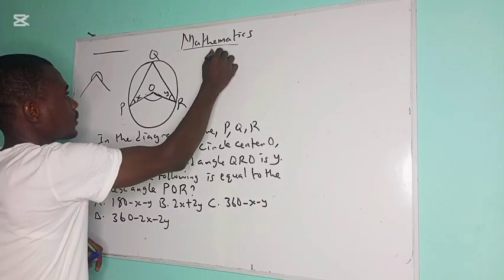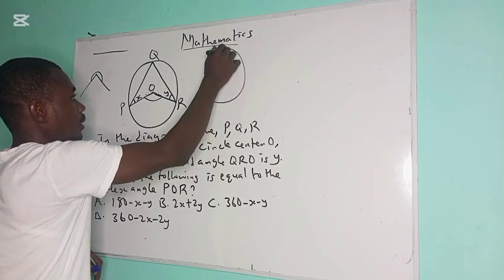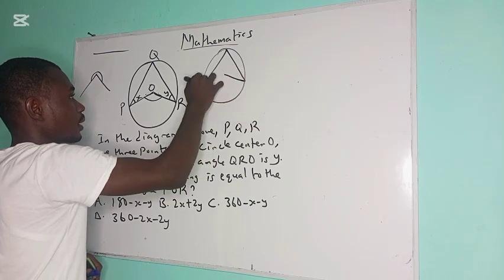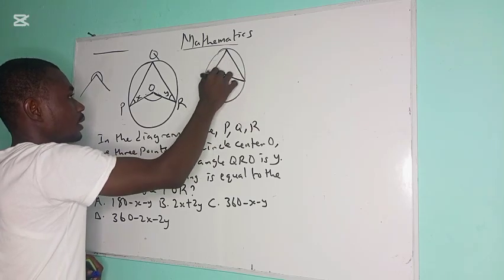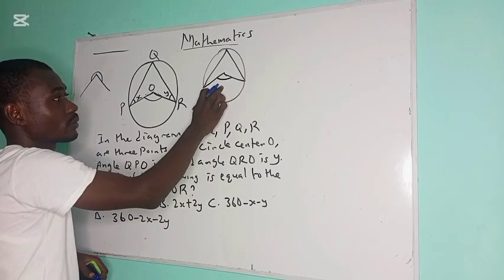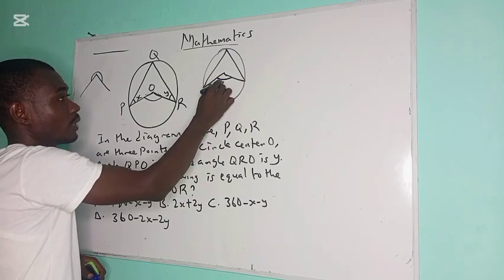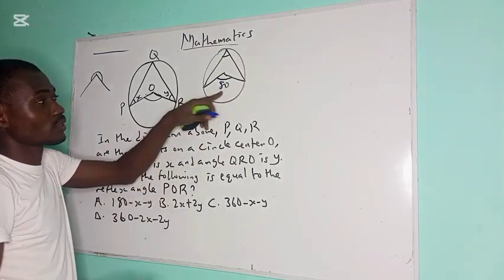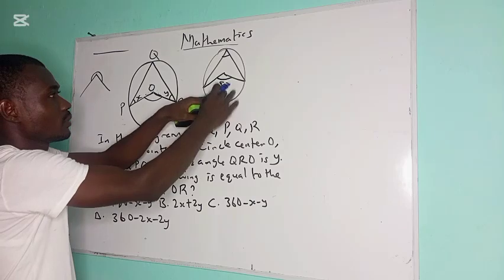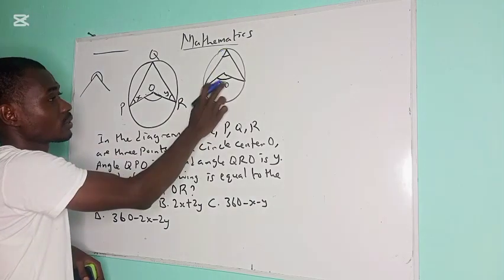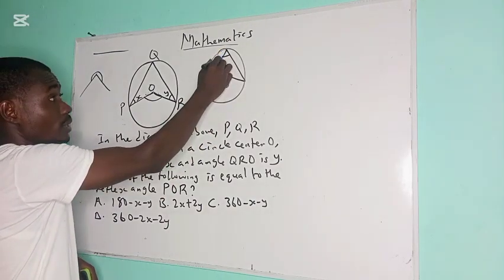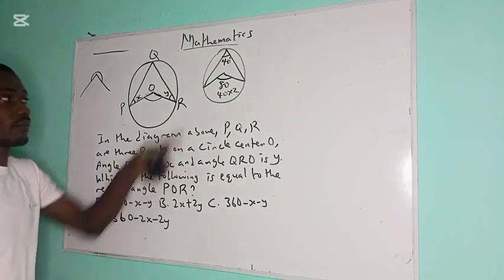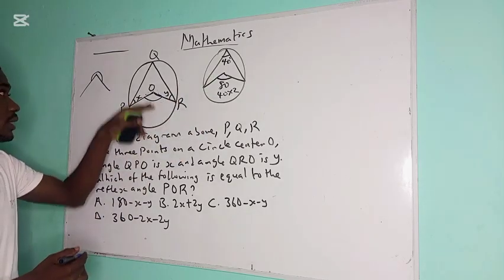So if I'm given that this angle is 80, since this place is two times this place, what will this place be? That will be 40. That is what it means.